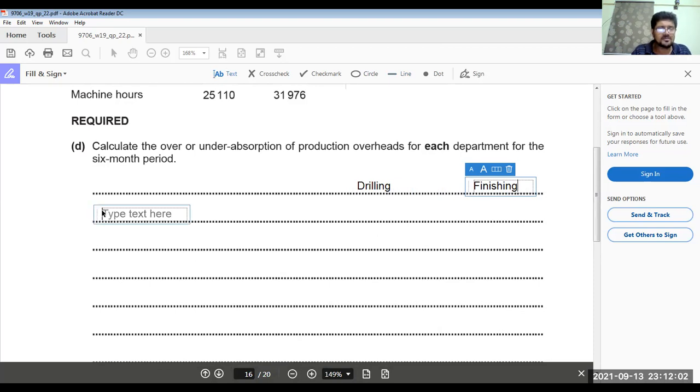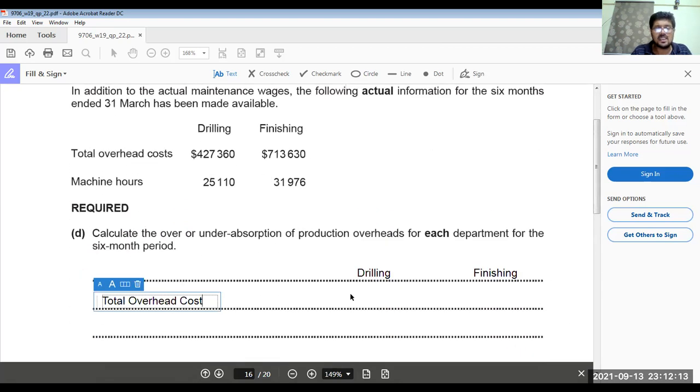Now what to do? Total overhead cost. Actual: $427,360 and $713,630.